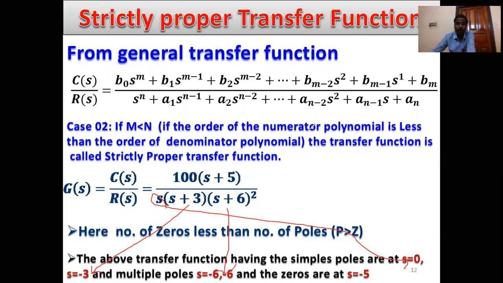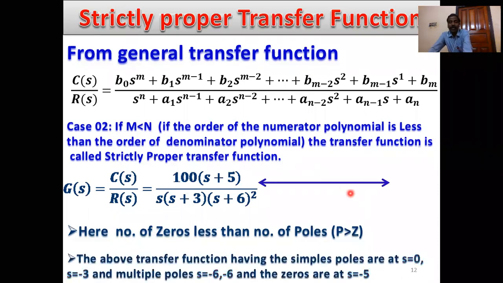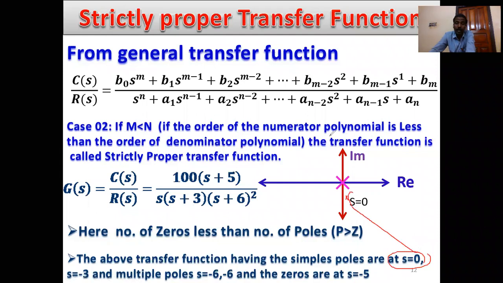So what is the pole-zero plot? This is the real axis and this is the imaginary axis. First put the pole at s equal to 0. This is the s equal to 0 pole position.